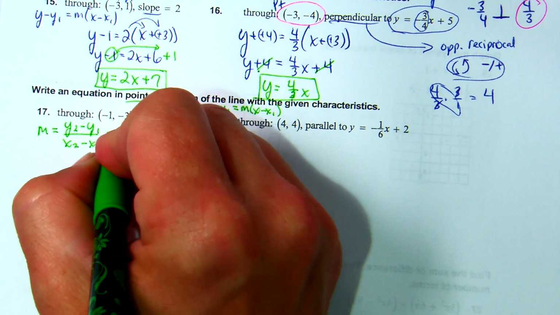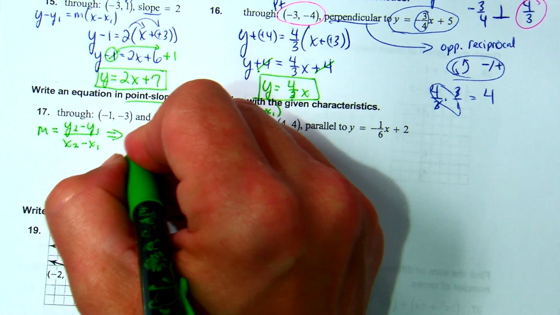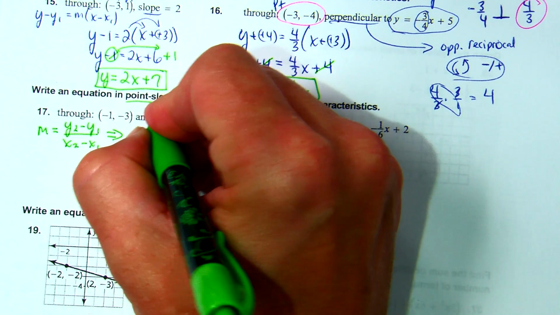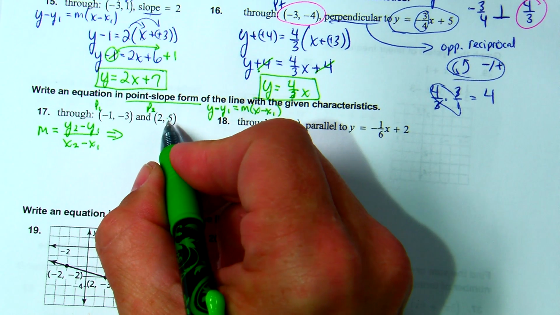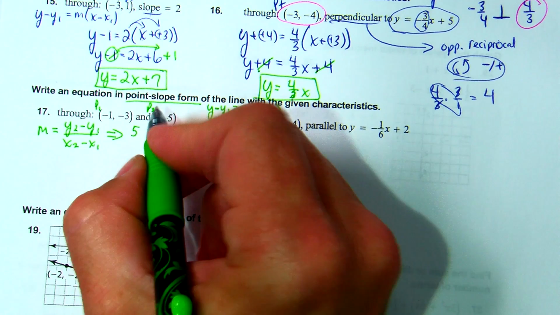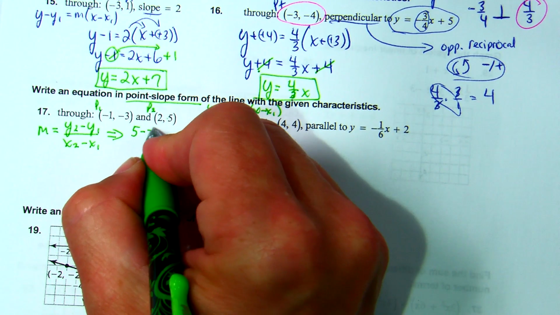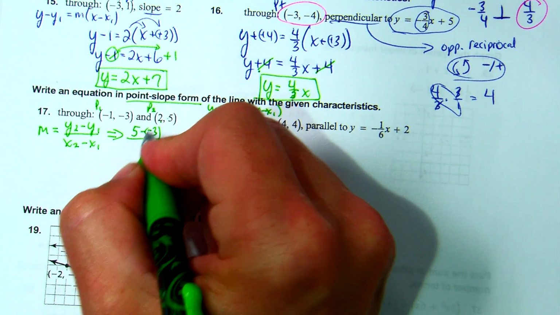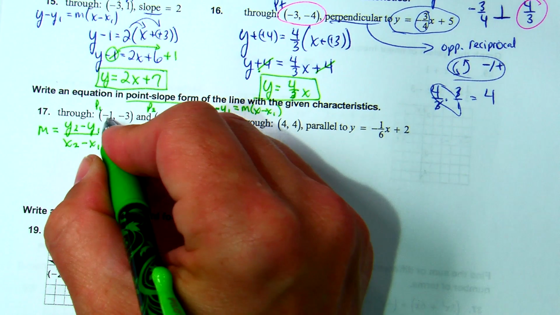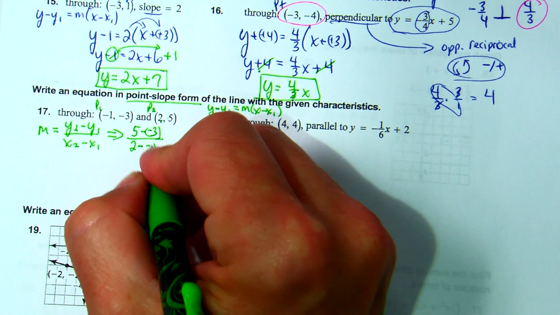And that, when we fill those in, will be, and we'll just make this point 2 and this point 1. So my y value of point 2 will be a 5 minus a -3 over the x value of point 2 minus the x value of point 1, which would be a minus a -1.